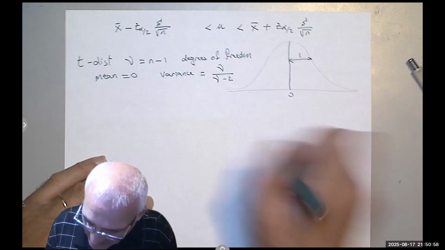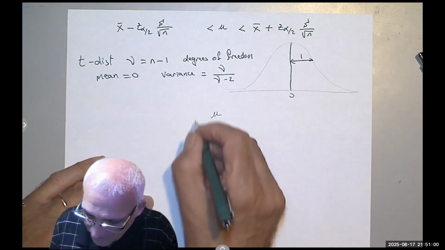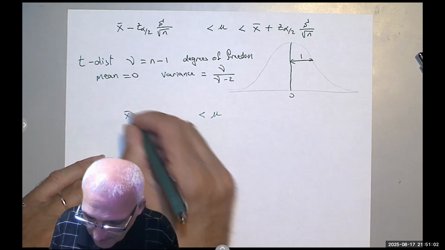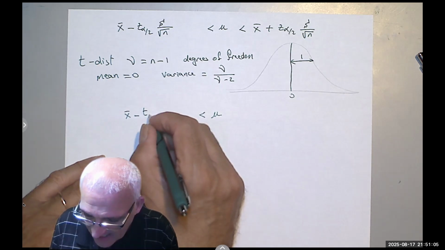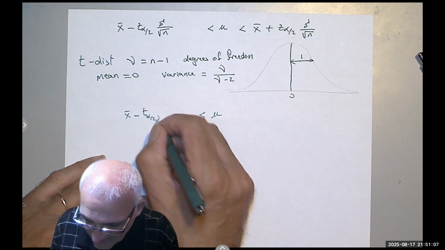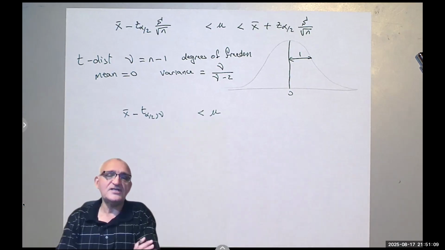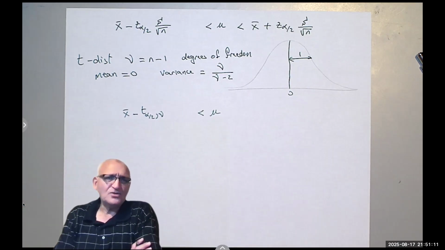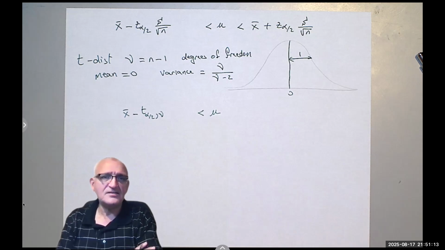So in that case, we would say mu is greater than x bar minus t alpha over 2 and degrees of freedom. It's not enough to tell me t alpha over 2 because I don't know your sample size.